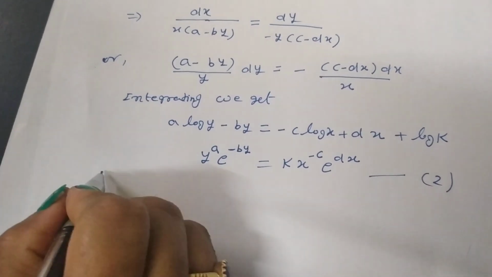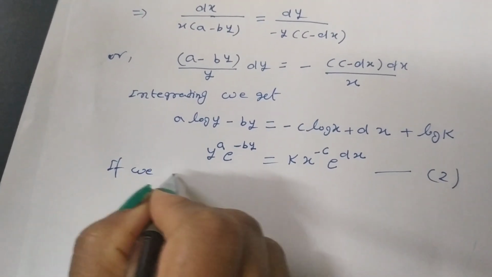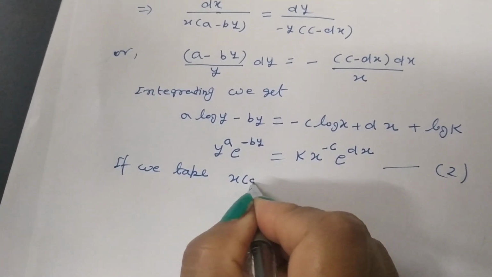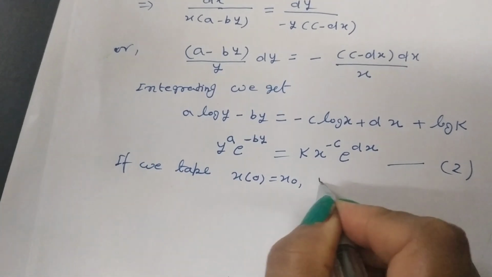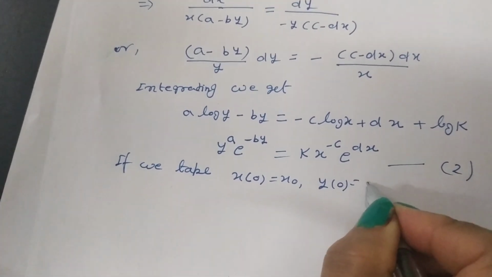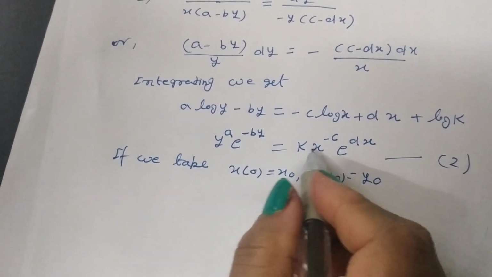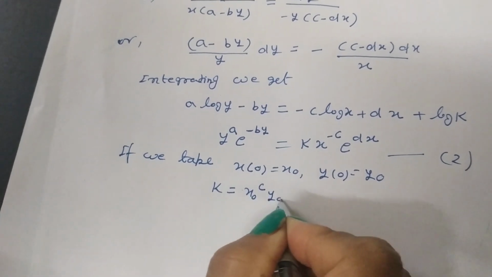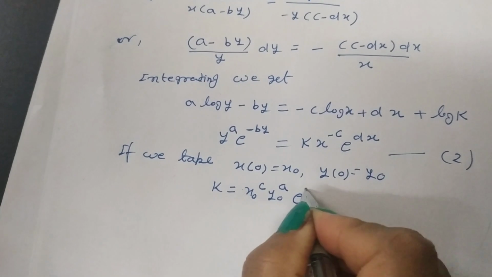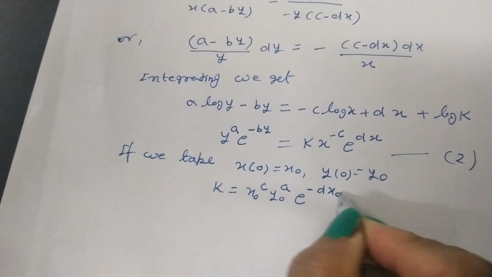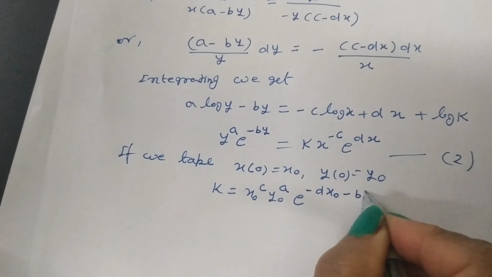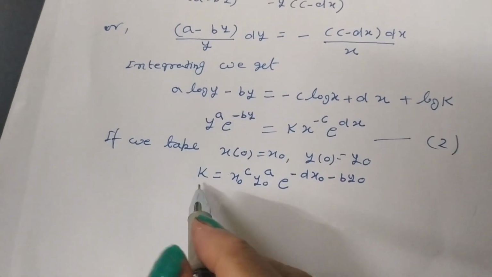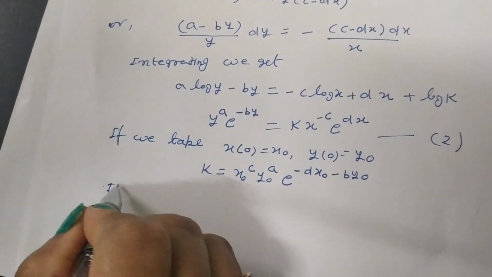If we take the points x naught at t is 0, and similarly y naught, then we have k equal to y naught to the power a, e to the power minus b y naught, divided by x naught to the power minus c, e to the power d x naught.